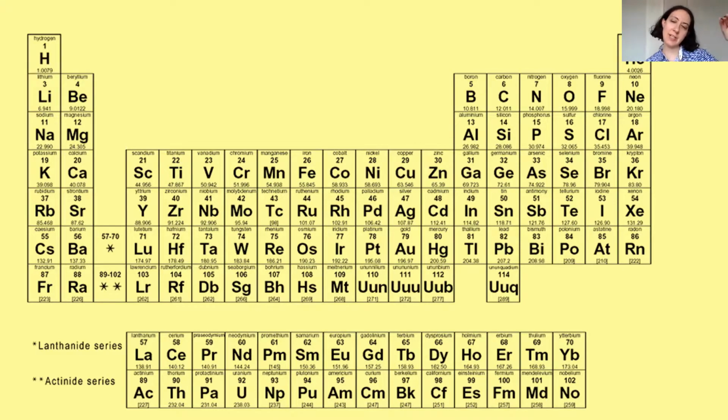Hydrogen over here is in period 1, period 2, period 3, period 4, period 5, period 6, period 7. The lanthanide and actinide series are a little funky. They're actually inserted into the table in like a 3-dimensional, external loop. It's just how it works.